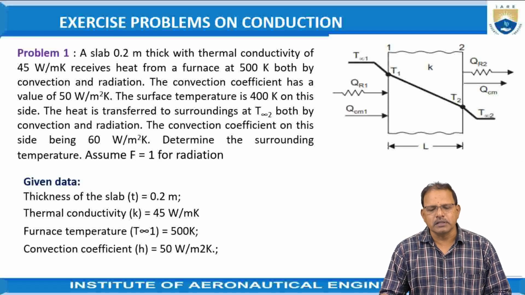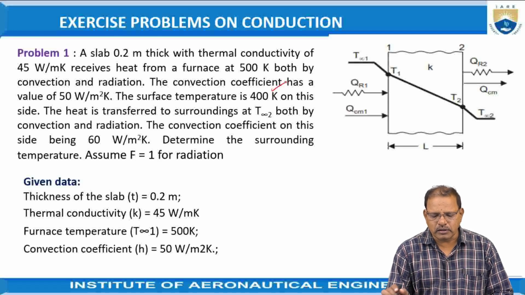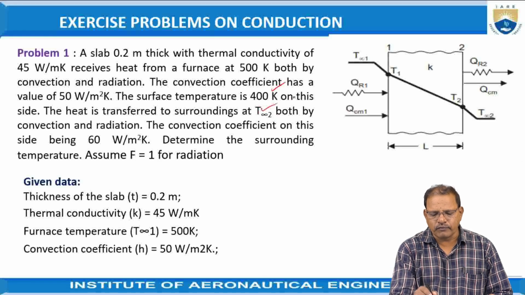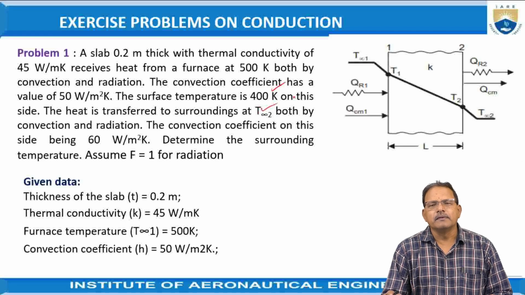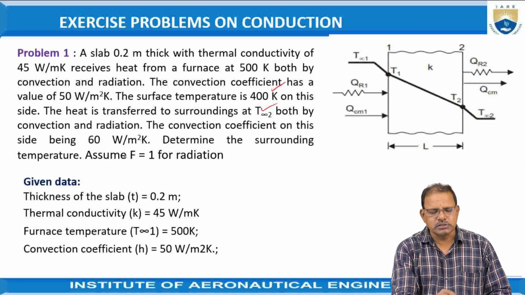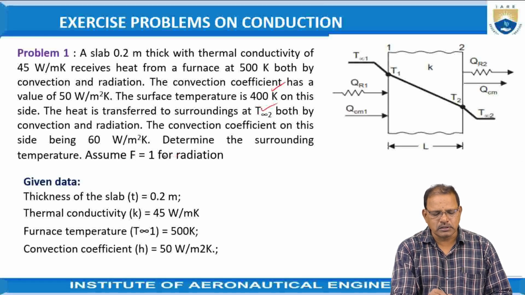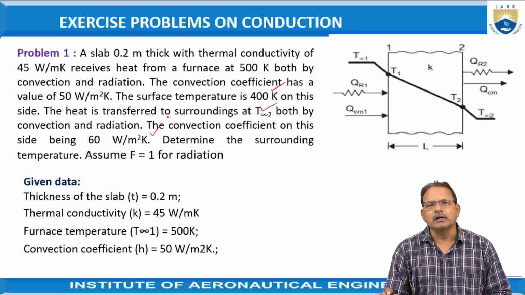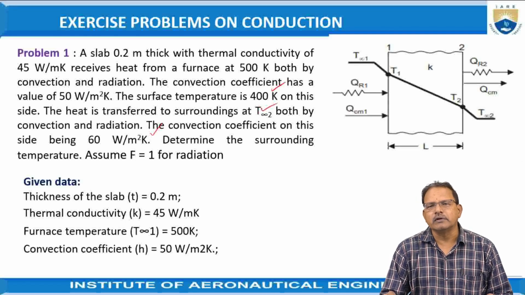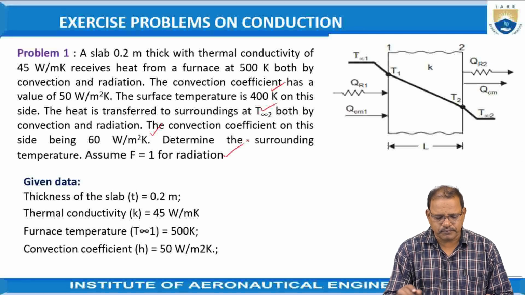The surface temperature is 400 Kelvin on this side. The heat is transferred to the surroundings at T alpha 2 by both convection as well as radiation. The convection coefficient on this side is 60 watts per meter square per degree Kelvin. Determine the surrounding temperature. Assume F is equal to 1 for radiation.